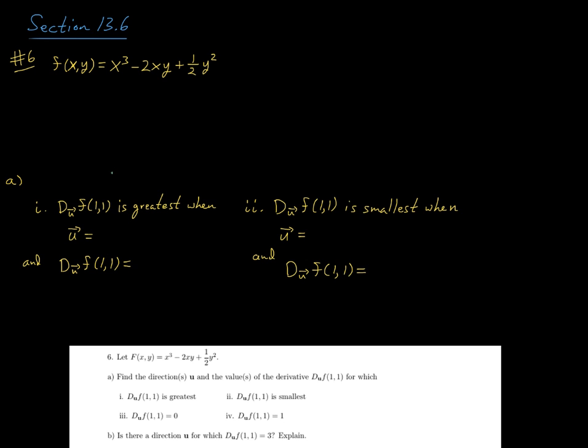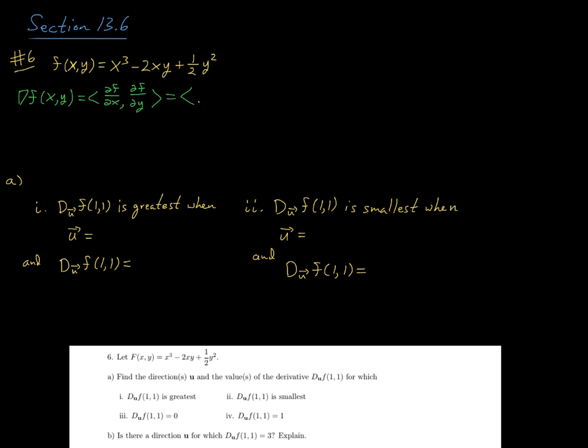So the first condition here is that we want the directional derivative to be greatest. Okay, and what we know from our previous video on the gradient is that that's going to occur when we move in the direction of the gradient itself, right? So let's go ahead and compute the gradient up here. This is going to be our vector whose components are these partial derivatives.